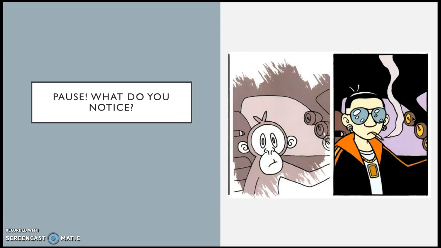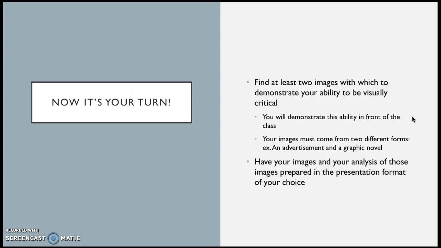Because they're positioned in exactly the same way and they're in the same vehicle, I would think that they're the same person. Obviously there's more context that goes into these two images if you read the graphic novel, but that's a really important thing. When you're reading something like a graphic novel and there are two images playing off of each other, you can look for the similarities, you can look for the differences, and then determine what those add and what those mean. So now it's your turn.